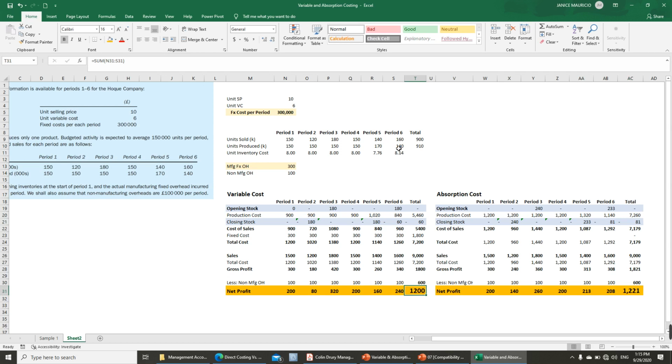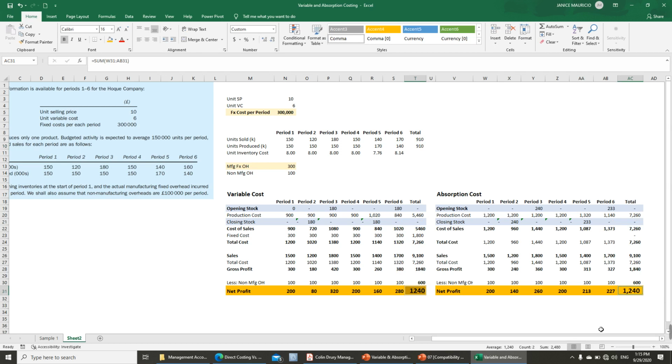Tandaan nyo yan. Now, let me make sure, what I will try to do is the units produced will be equal to units sold. So, gawin ko tong 170. So, anong nangyari? Naging equal na yung profit ni variable cost and absorption cost.